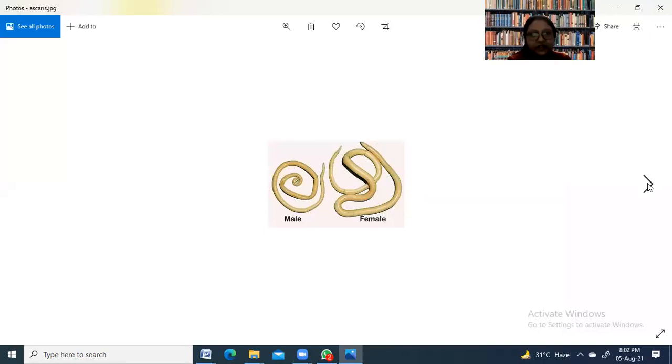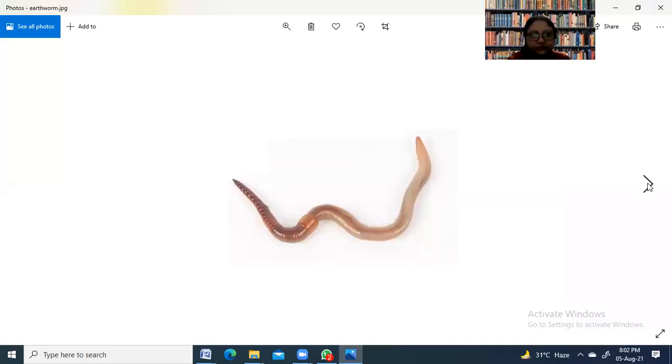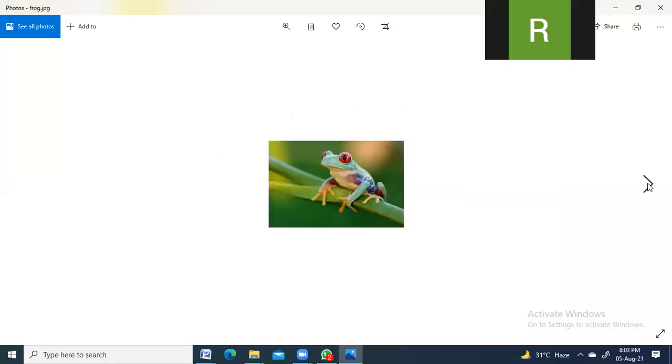Ascaris falls under Aschelminthes or Nematoda. What is this? Earthworm, falling under Annelida. Frog, falling under Amphibia.